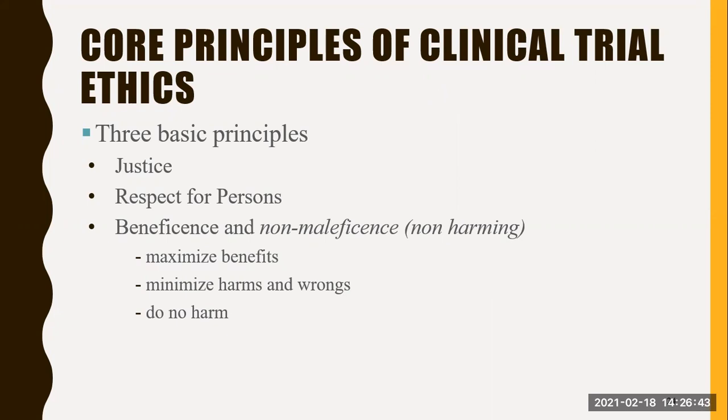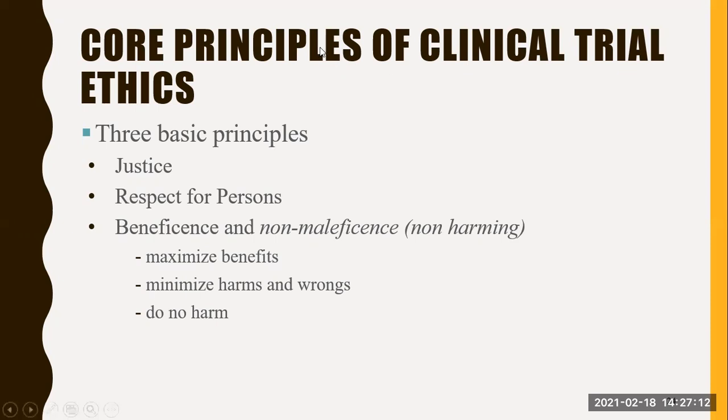The Nuremberg Code is the result of the trials that were conducted in Nuremberg on the war criminals of the Nazi regime, and the Belmont report is a result of the Tuskegee syphilis study which was carried out in the United States of America.